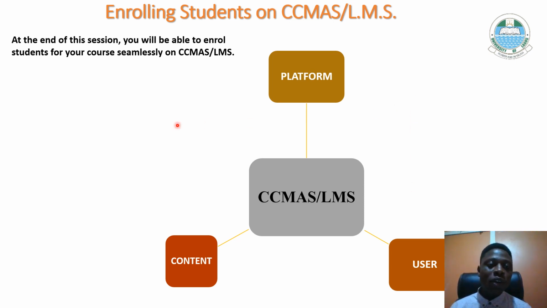So at the end of this session, you will be able to enroll students for your course seamlessly, be it on CCMAS or LMS. That is very important for us to be able to do for ourselves as facilitators.